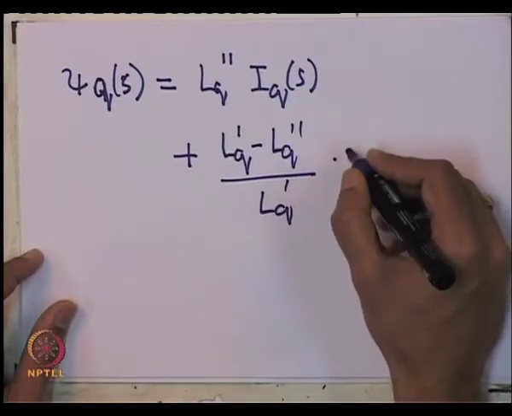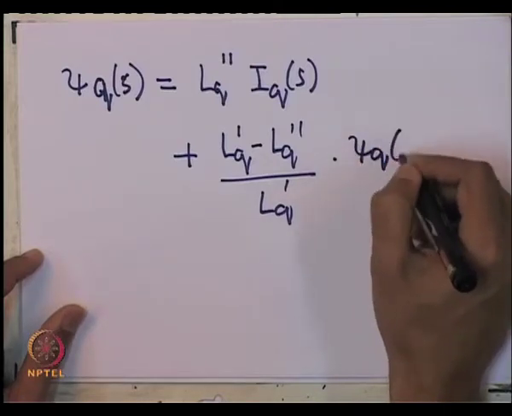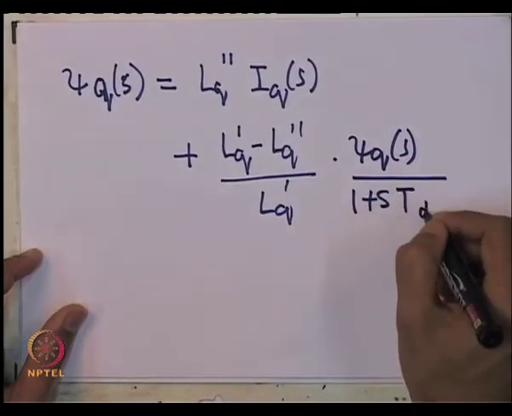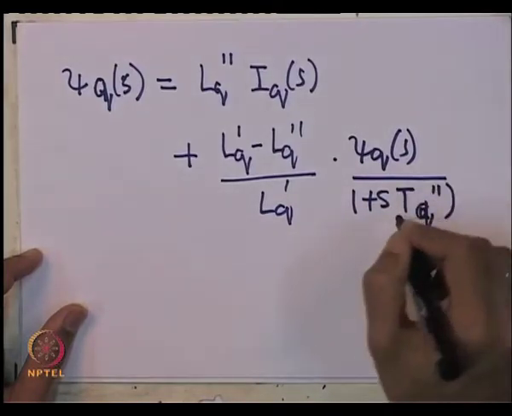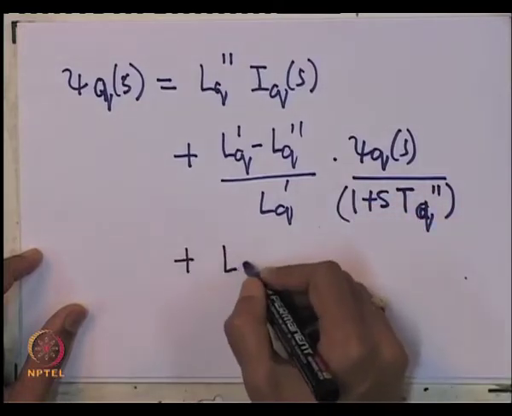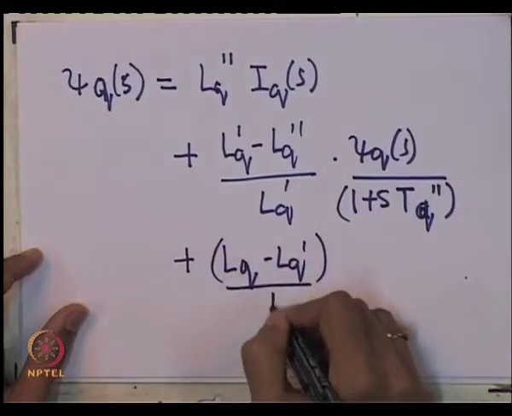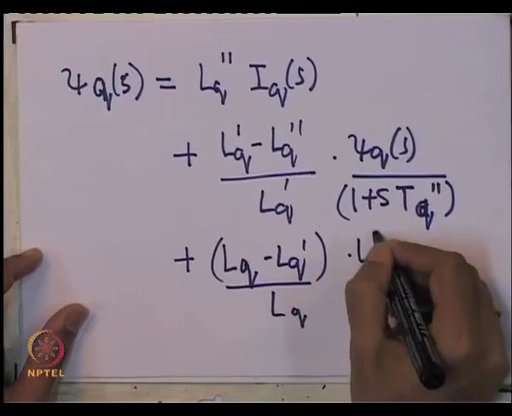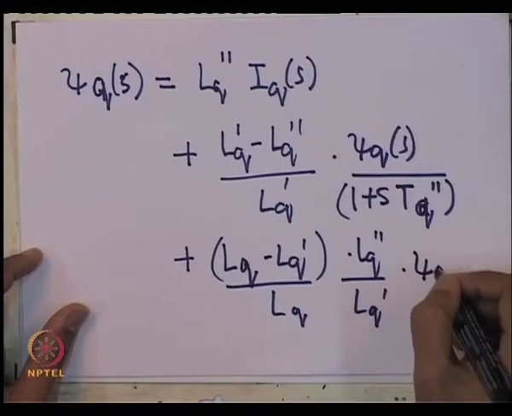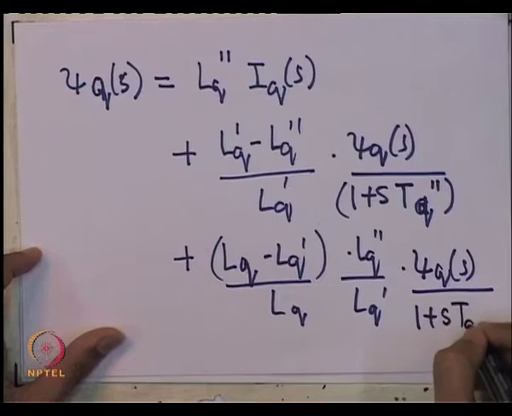Now, psi uppercase K of s is nothing but psi q of s upon 1 plus s T q double dash, plus L q minus L q dash upon L q double dash into psi q of s upon 1 plus s T q dash.